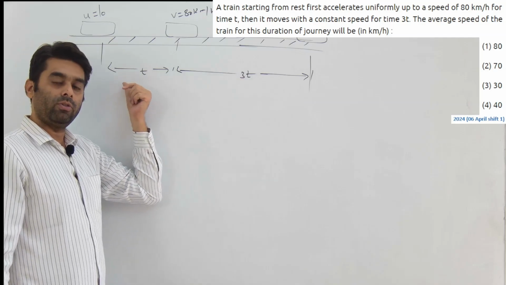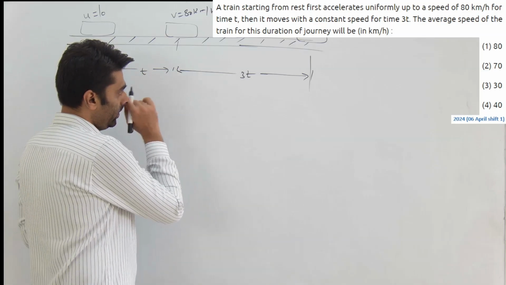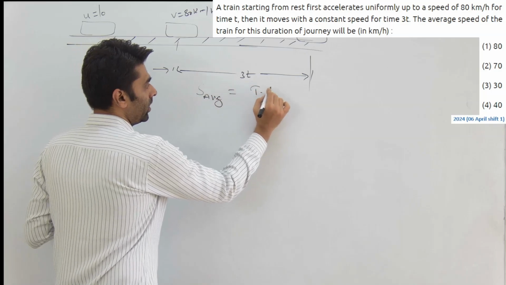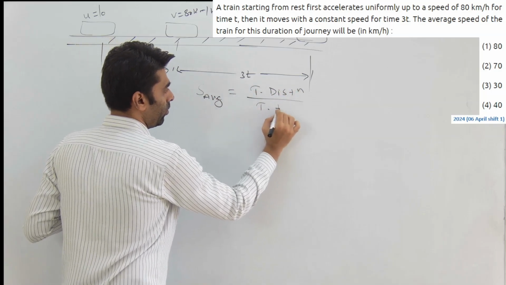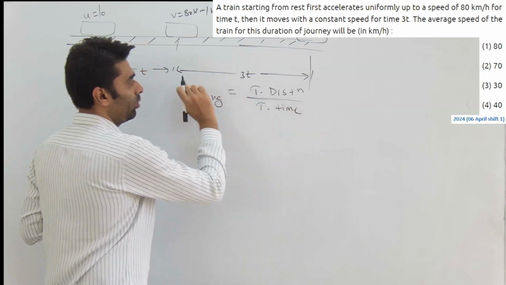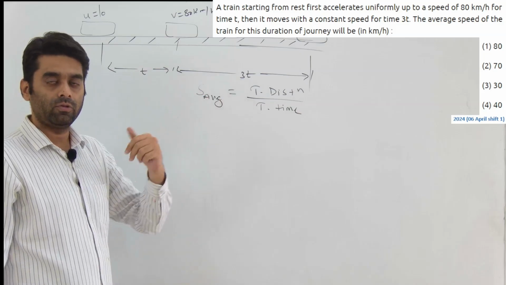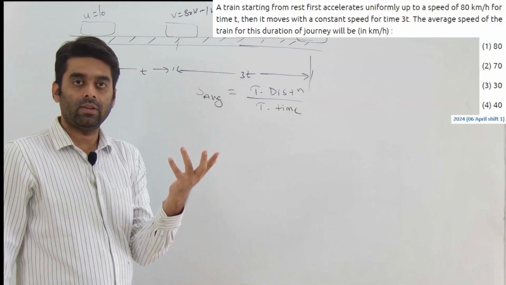What is our average speed? Average speed is total distance divided by total time. Total time we know in variable terms: t plus 3t, it is 4t. Let us calculate distances in terms of t. We will get our average speed.